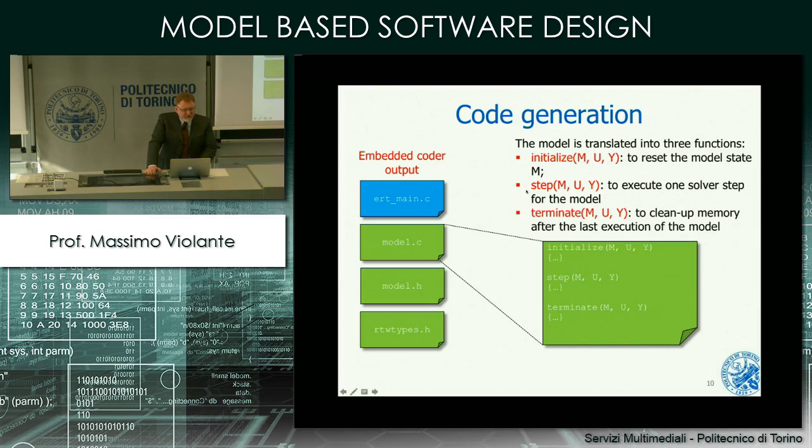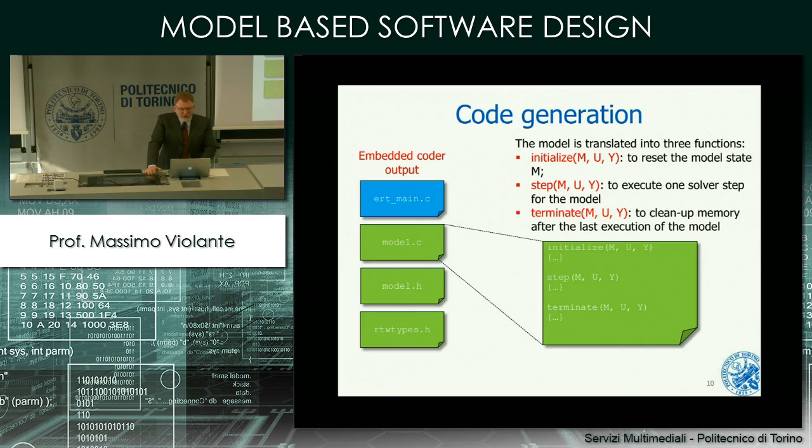And then we have the step function. The step function is the most important function of all. The step function takes as input the model state, the model input, and the model output, and it executes one simulation step.